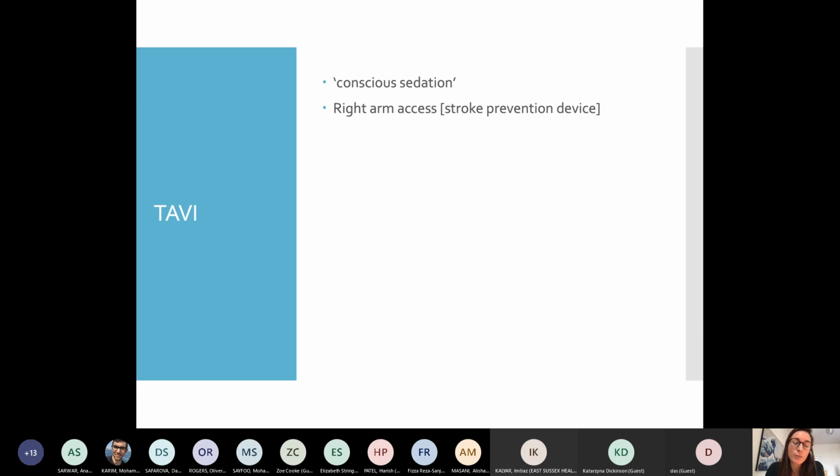There's access from the patient's right arm arteries to allow us to put a little device in between the main vessels and the head and neck to try and reduce the risk of stroke, almost like a little filter to try and catch anything that tries to fly up during the procedure.